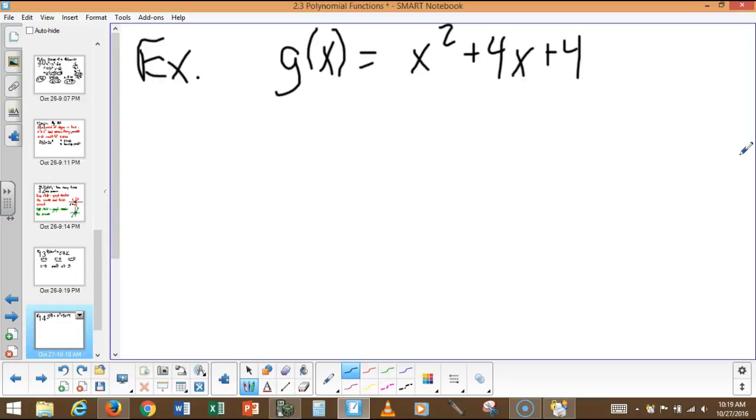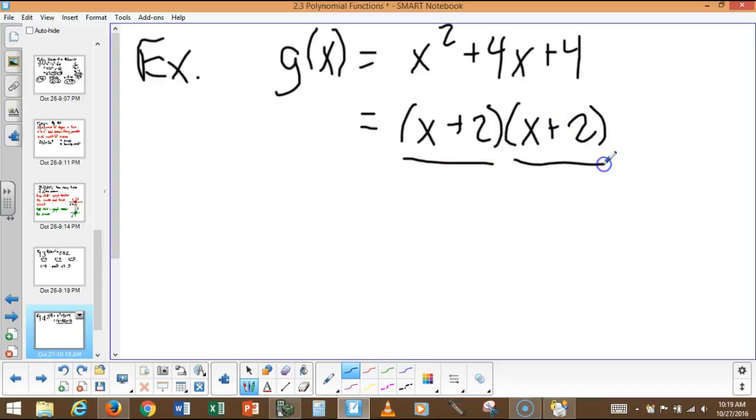Now we're going to look at an example that has potentially even multiplicity. If we look at g of x equals x squared plus 4x plus 4, and we want to find the zeros of this graph, we could graph it using our graphing calculator, or we could solve this algebraically. x squared plus 4x plus 4 conveniently factors into x plus 2 times x plus 2.